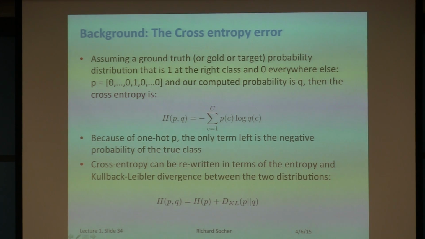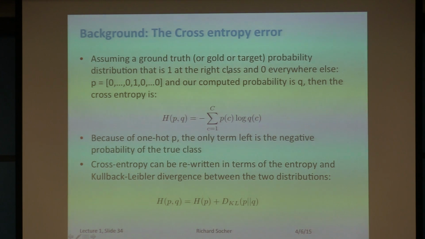So maybe you want to say, is this specific instance a location? No. Organization? No. It's a person. Then you say one for person, and the number of classes is the length of that vector p. And so let's assume our computed probability from the softmax is q.